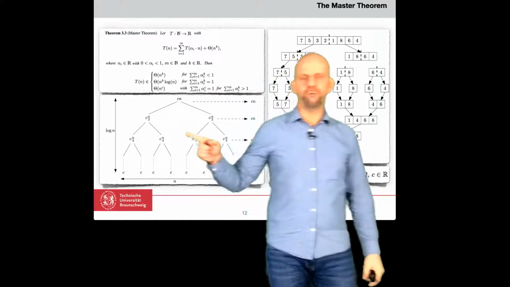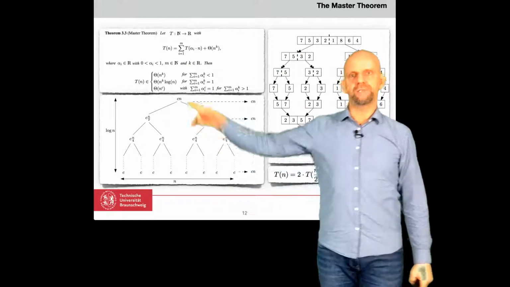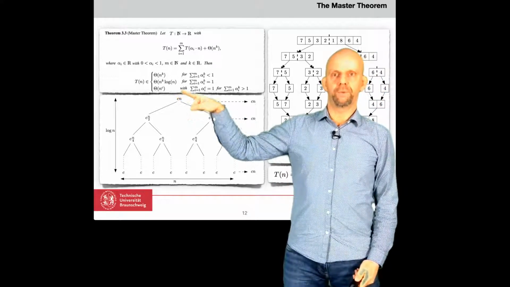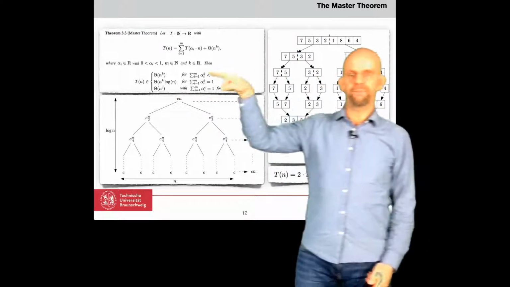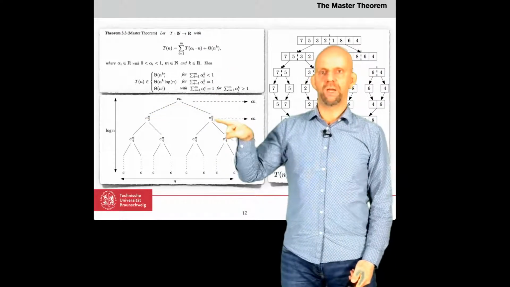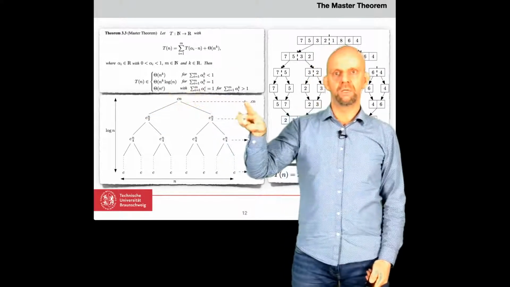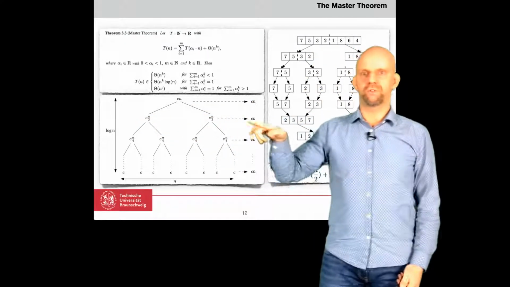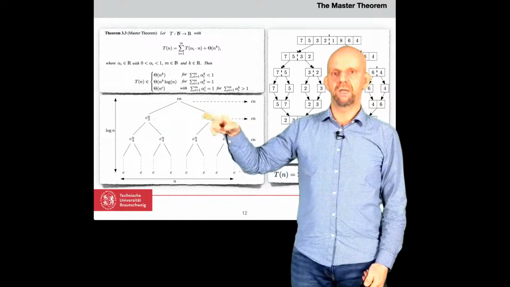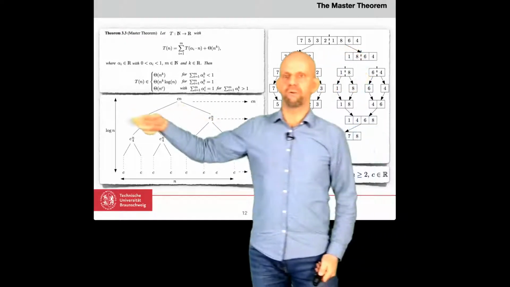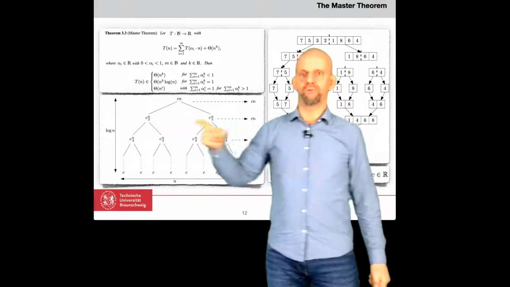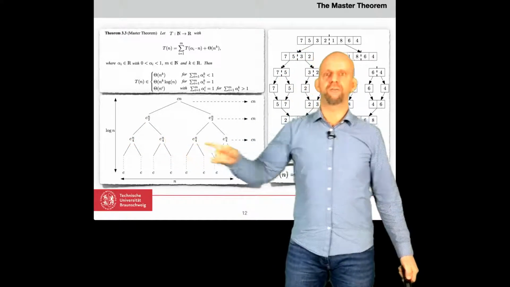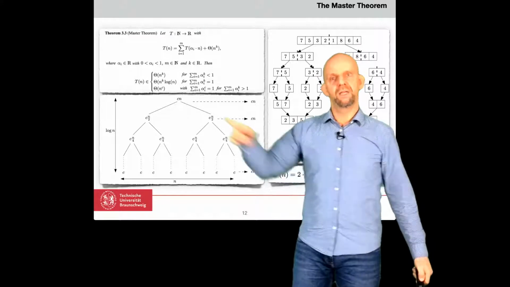Now, I promised you a figure for your intuition, and this figure basically does the following. You start out with n, so that's c times n, and then you split it into 1/2 at a cost of c times n, see that, and then you split each of them. That gives you a cost of c times n over 2 plus c times n over 2, and then you get 4 times c times n over 4, that gives you c times n, and so on and so on.